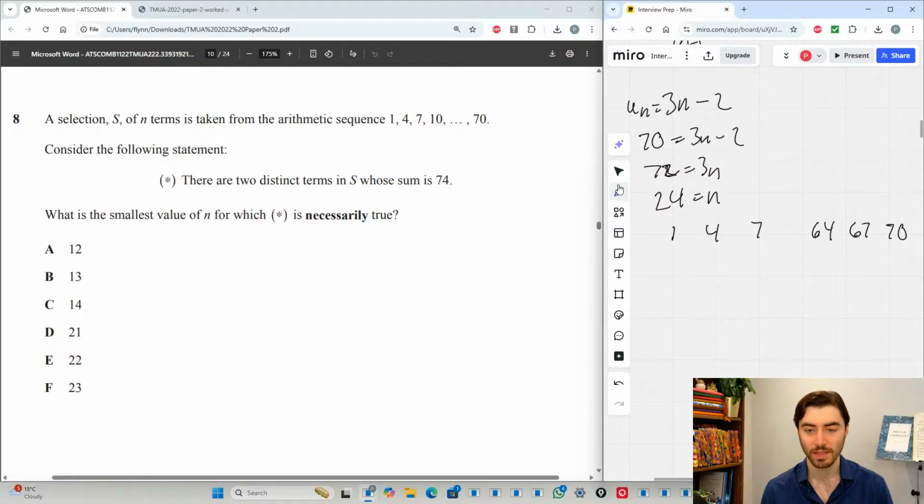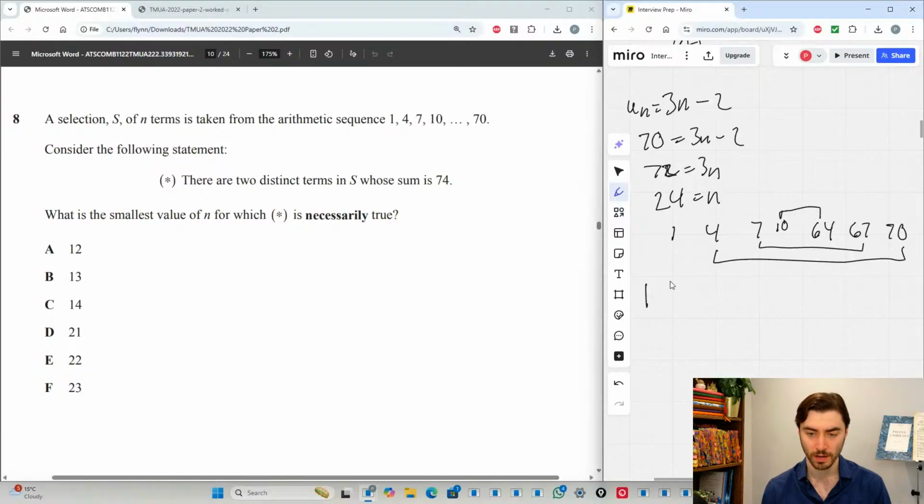We can see that this pair is going to sum to 74, and this pair is going to sum to 74, and this pair too. So every pair apart from the 1. Basically, the idea is we can group this into 3 things.